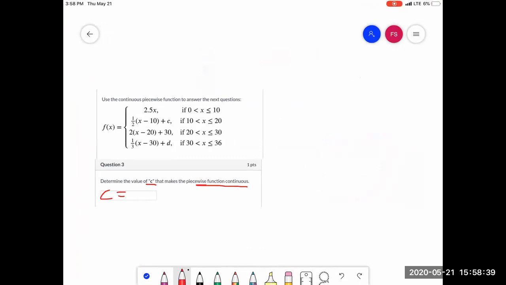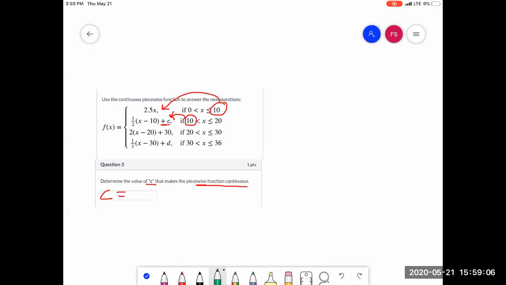So what that means, since c is here in our second equation, if this is continuous, if I plug 10 into the first equation where my domain ends or my interval ends, and I plug 10 into the second equation where my new interval begins, I should get the same answer if the function is continuous.